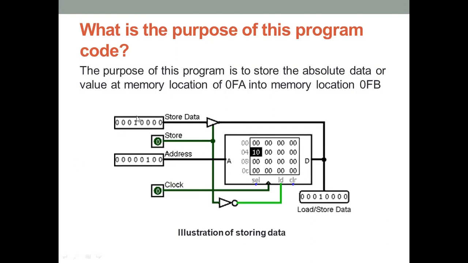You can see from this illustration, the computer uses the code in order to store the data like this. So the purpose of this program is to store the absolute value at memory location 0FA into memory location 0FB. So that is the point of this question.